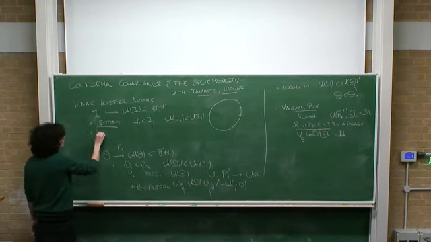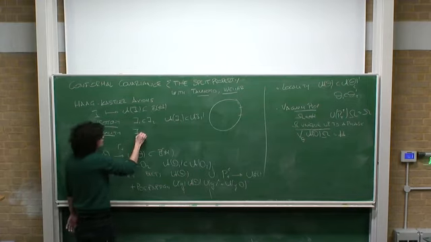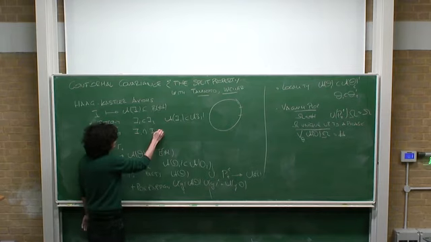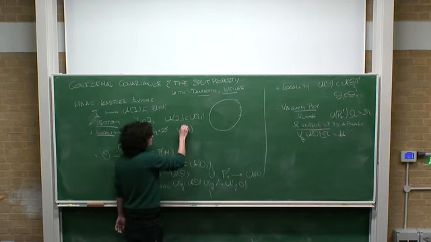Locality, which means that whenever I have two intervals, I1 and I2, which have no intersection, then the two algebras commute.